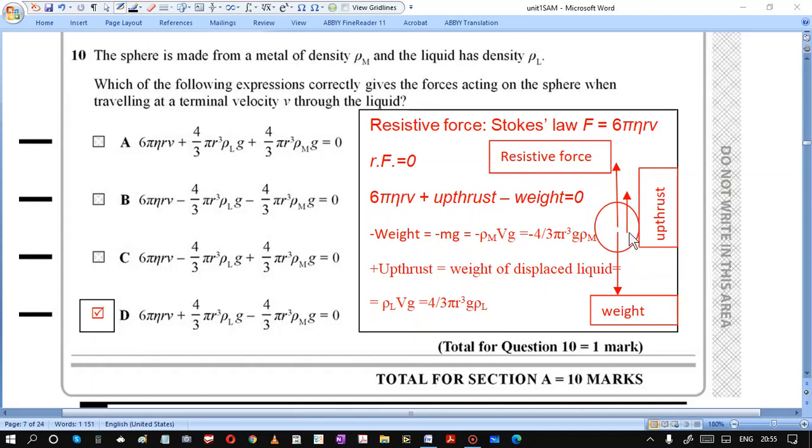We have upthrust given by the weight of displaced liquid, so it is Archimedes' principle. Upthrust equals weight of displaced liquid, so ρ liquid V g. Weight equals ρ metal V g, as mg is mass times g. So when we substitute, we get answer D.